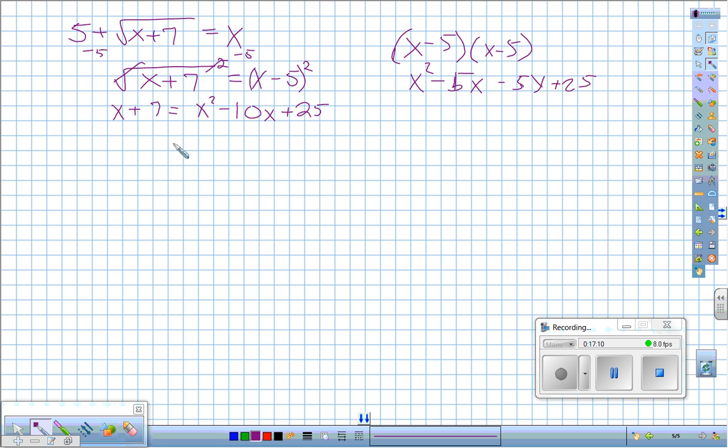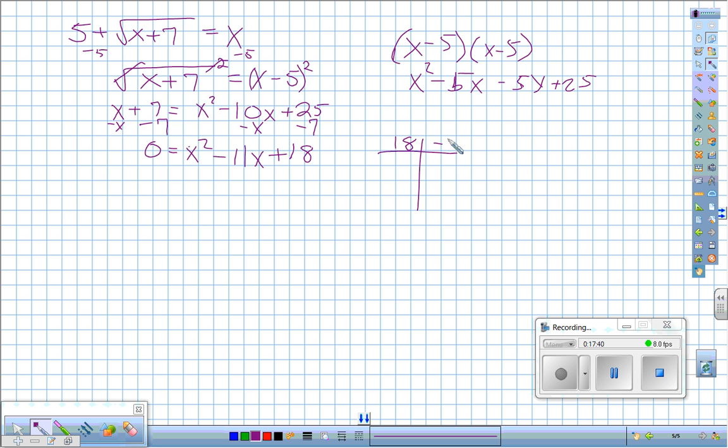Okay, I get all my x's and all my numbers on the same side. Don't try to get them on different sides now that I have an x squared. So I'll subtract 7 from both sides, and I will subtract x at the same time. So then I will have 0 equals x squared minus 11x plus 18. Okay, so I'm going to try to find factors of 18 that will add to negative 11.